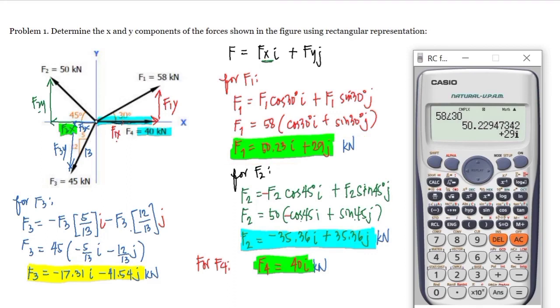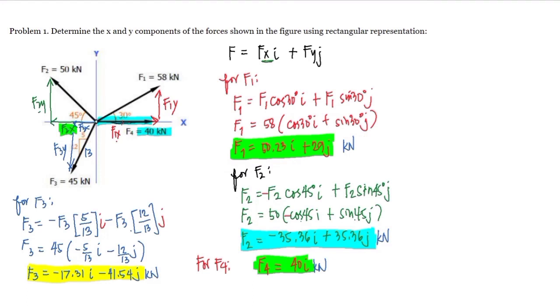For the force 2, we are going to express this in terms of the standard angle. So this is equal to 180 degrees minus 45 degrees, since here is 45 degrees.